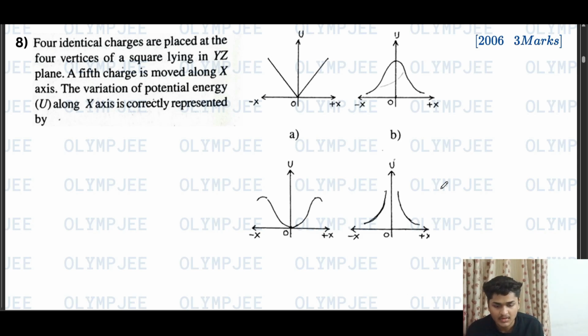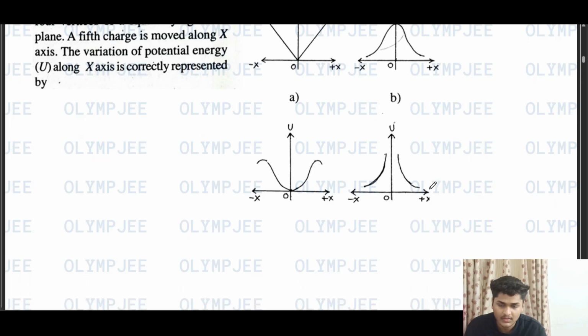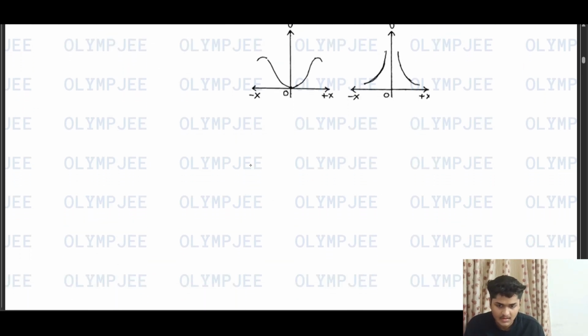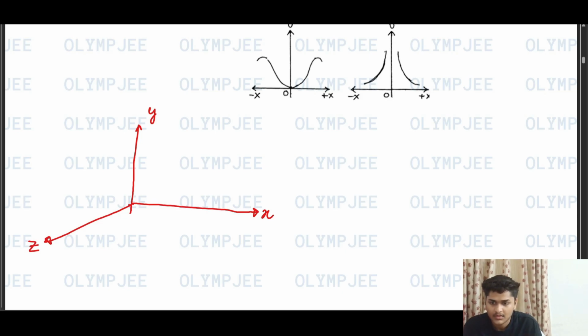Okay, so the situation is something like this. Imagine that this is the y-axis, this is the x-axis, and this will be the z-axis by right-hand rule. So now the charges are placed something like this, right?